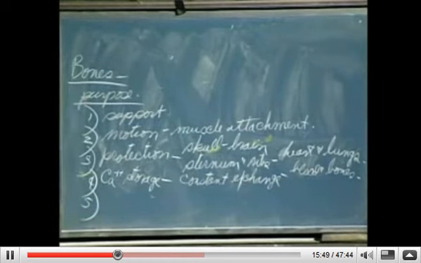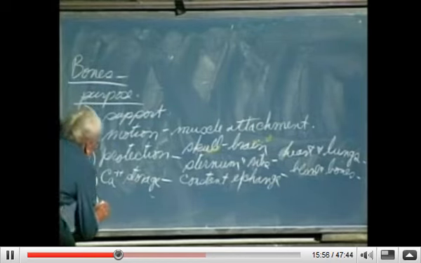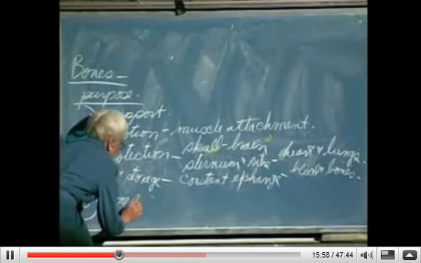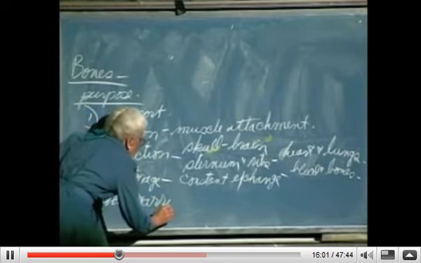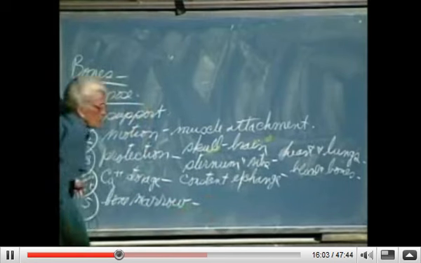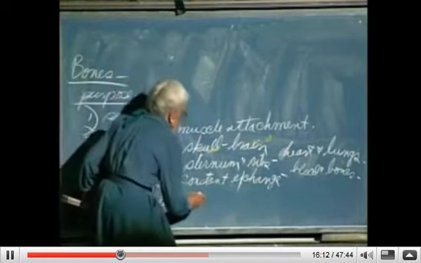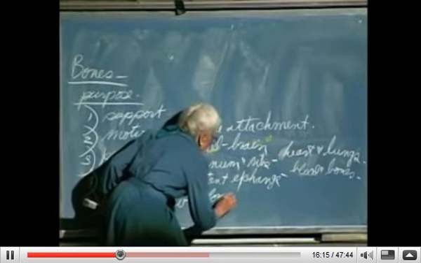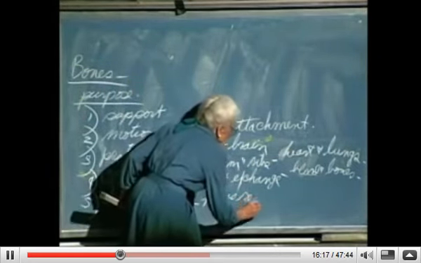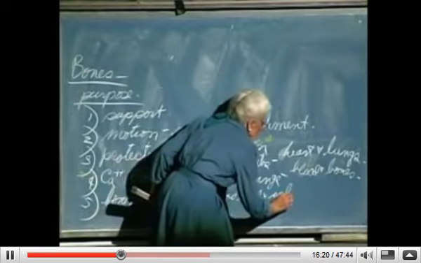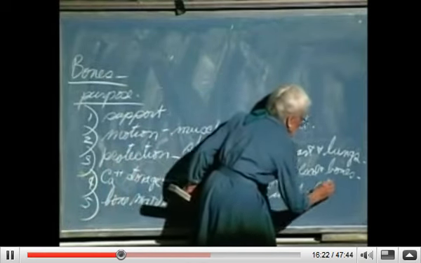And then the bones have storage for bone marrow. Some of the bone marrow will form red and white blood cells.